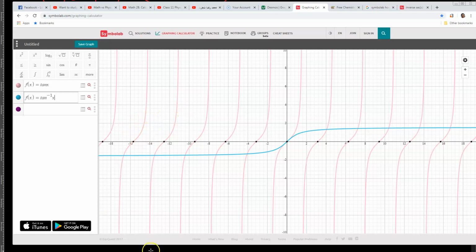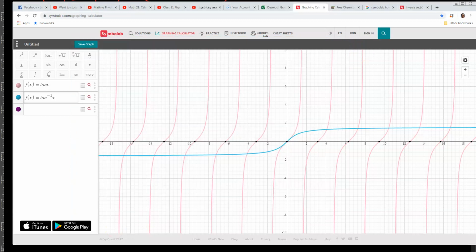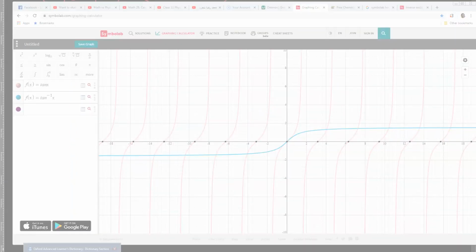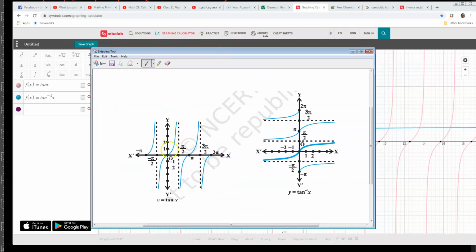Otherwise you would get something like this, some function like this, all of these rotated 90 degrees clockwise or counterclockwise, I suppose. It depends on how you want to look at it.